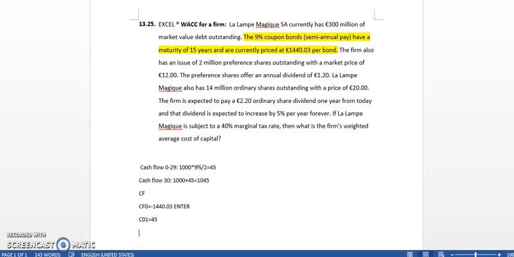So next we press the down arrow again, it shows F01. That is 29 periods. Put 29 here and press enter. Every time you put in a number, you also press enter.